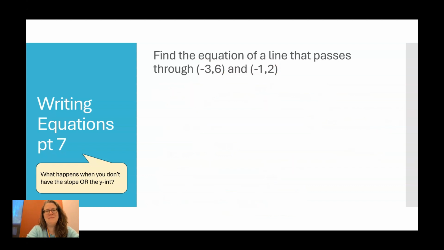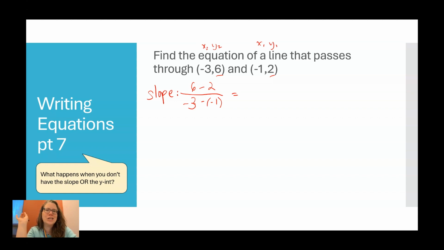Let's practice that again. So slope is change in y over change in x. So I'm going to do 6 minus 2. And if I did 6 first, then I have to do -3 first. -3 minus -1. Now notice this time I did x2, y2 over here and x1, y1 over here.